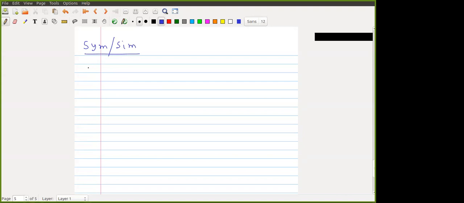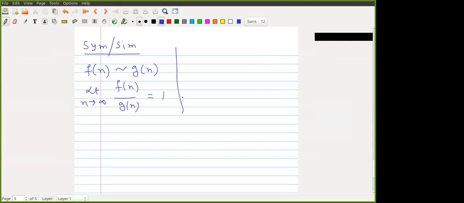So a function f_n is asymptotically similar to g_n if the limit as n tends to infinity of f_n by g_n is 1.